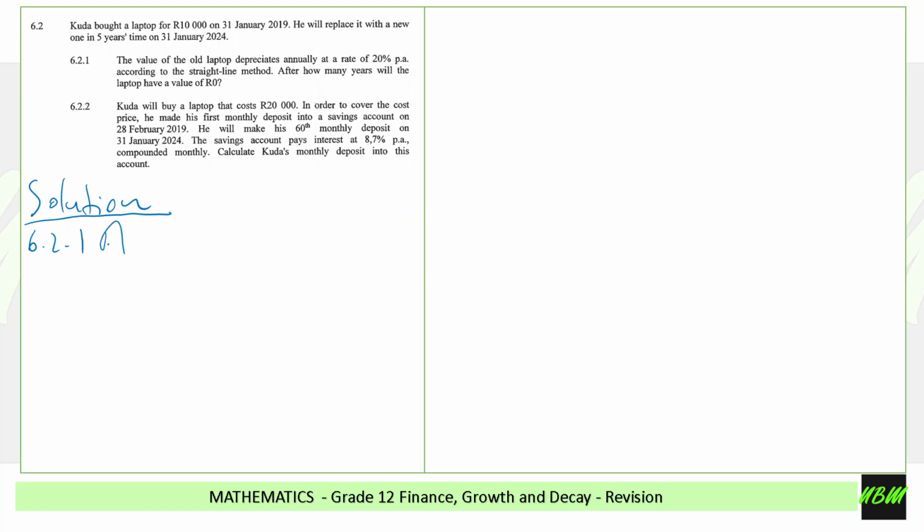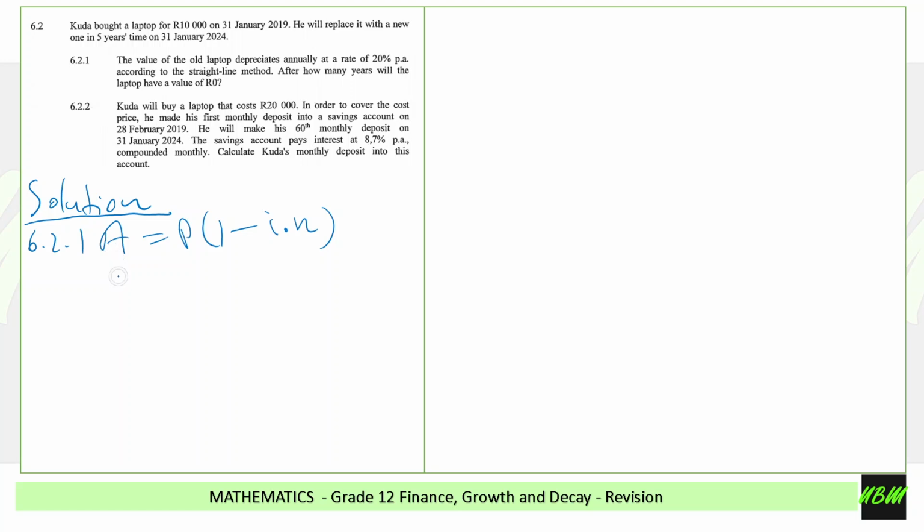So our formula A equals P multiplied by (1 minus i multiplied by n). This is the formula that we use for straight line depreciation. So what will be A, the final amount?